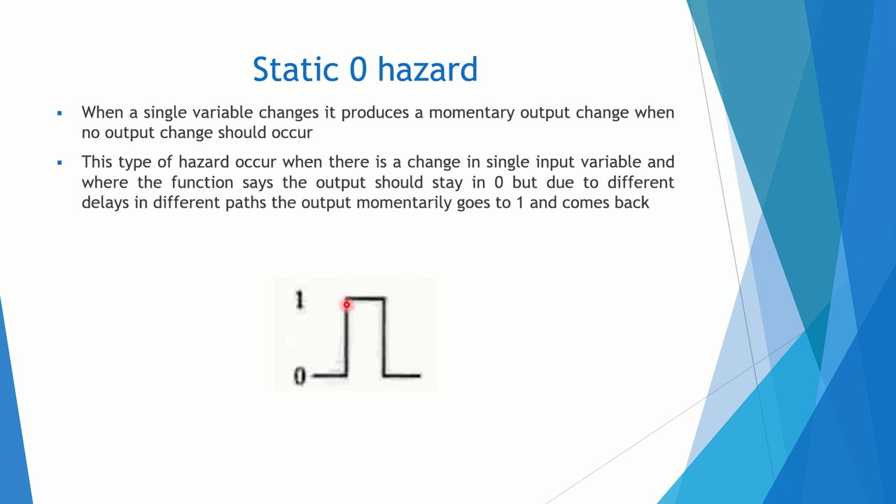So this type of hazard occurs when there is a change in a single input variable and the function says the output should stay at 0, but due to different delays in different paths, the output momentarily goes to 1 and comes back. So here, see, we have this 1 pulse. That is static 0 hazard.